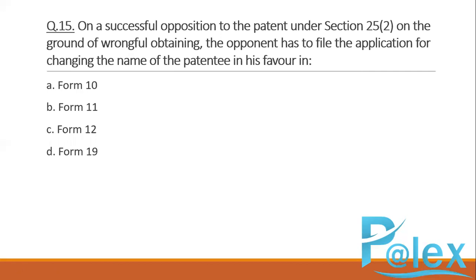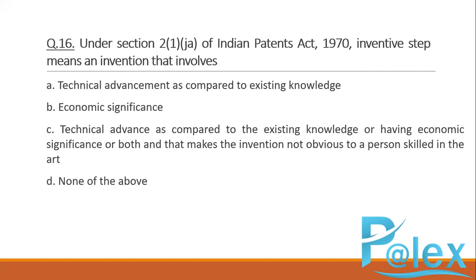So for example, I have filed a post grant opposition, and the applicant has wrongfully obtained the invention from me. In that case, I have to submit one form, and that form is form 12 actually.